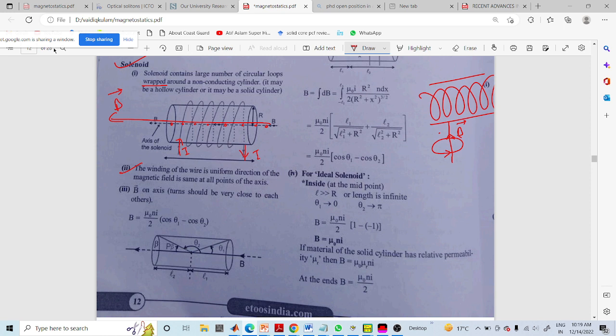That is, it will be constant on the axis. You have to think on the axis. For B on the axis, turns should be very close to each other. That means first turn, second turn, third, fourth, right? So they should be very near, not far, right?